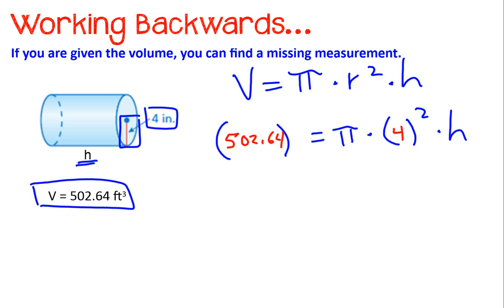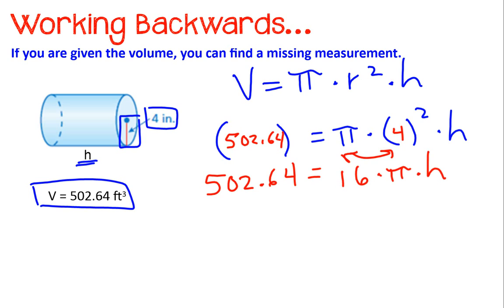So what I'm going to do is I'm going to shrink down my right-hand side here, right? I'm going to simplify that up as much as I can. So I'm going to leave this alone for a minute. And I'm actually going to commute these two terms because I prefer to have my pi at the end of my sentence. So 4 squared is 16. So I'm going to get 16 times pi times h.